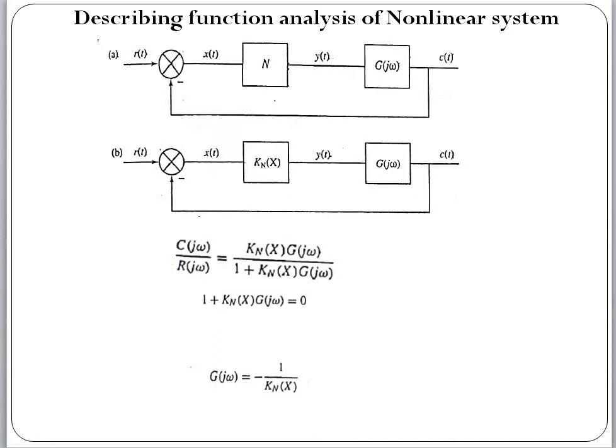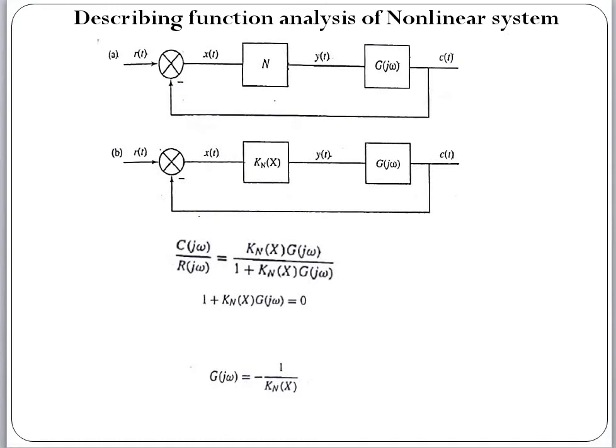A limit cycle means there will be sustained oscillations present in a nonlinear system. So for a nonlinear system, if a limit cycle exists, we can analyze it by using the describing function. Also, we can assess the stability of the nonlinear system using the describing function.